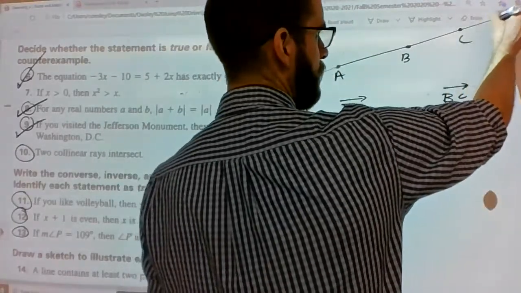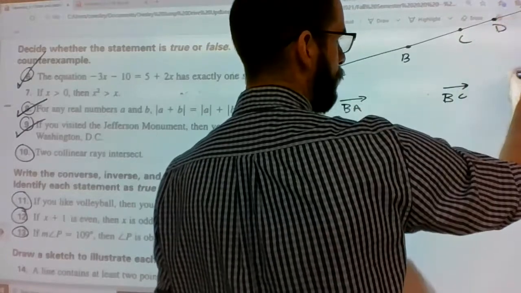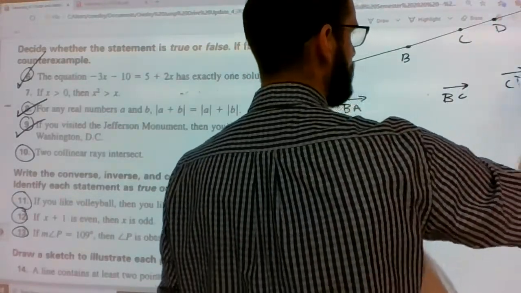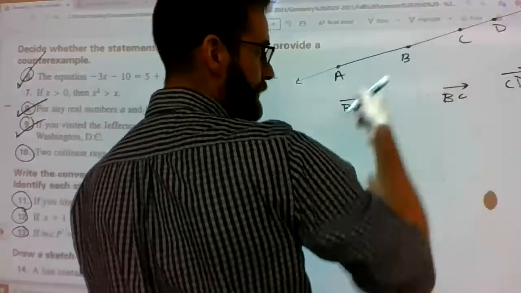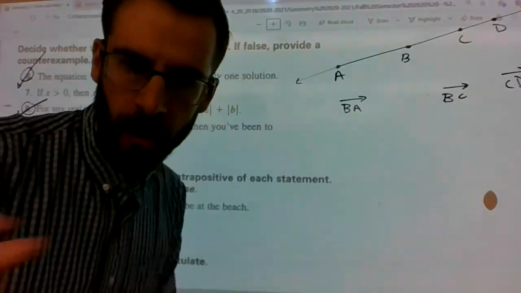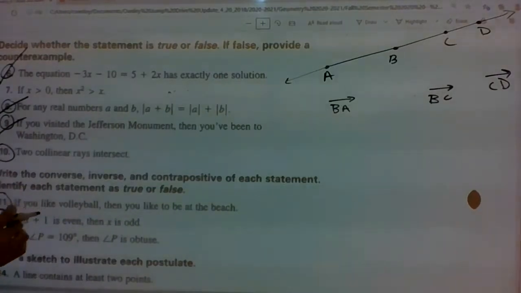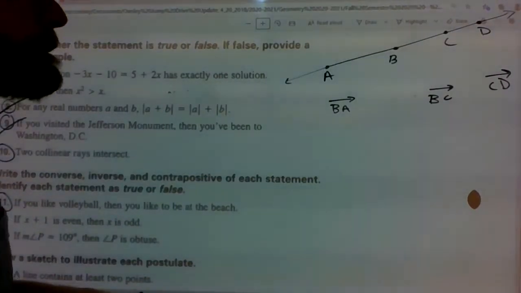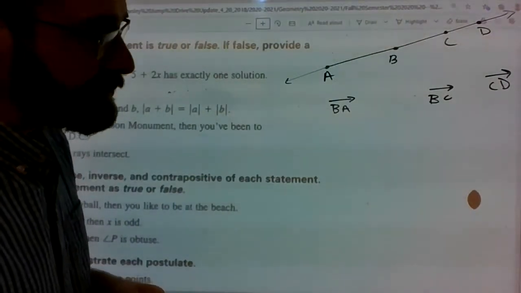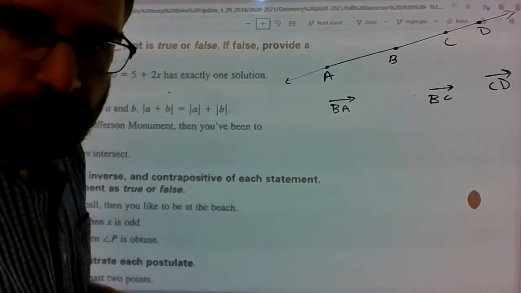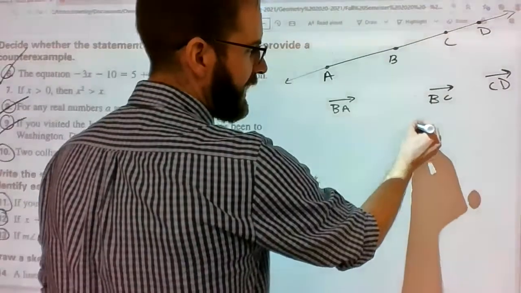Let's add another point here. What if there was a D there? You've got ray CD, you've got ray DA, DB, DC. There's a bunch of different rays to talk about here. Do they all have to intersect? The answer is actually no. Look at ray BA.